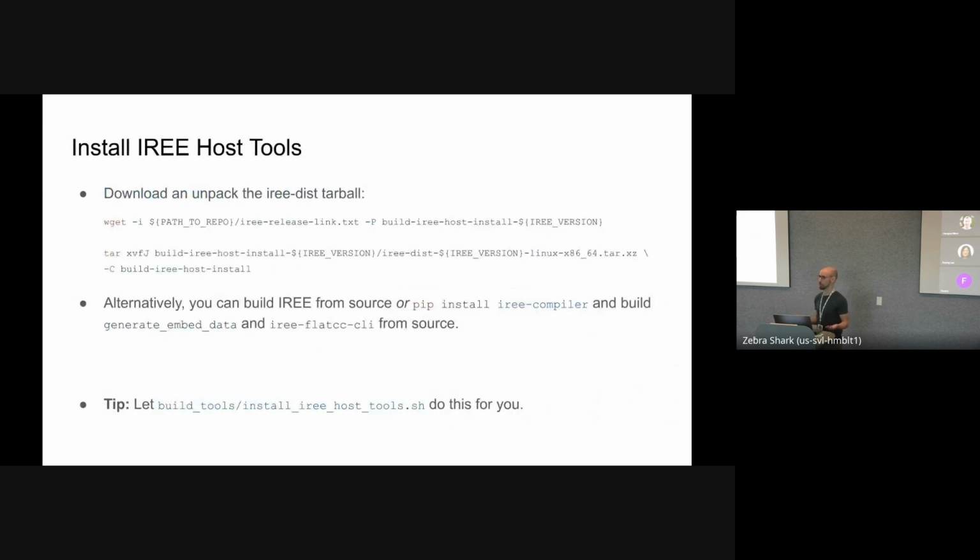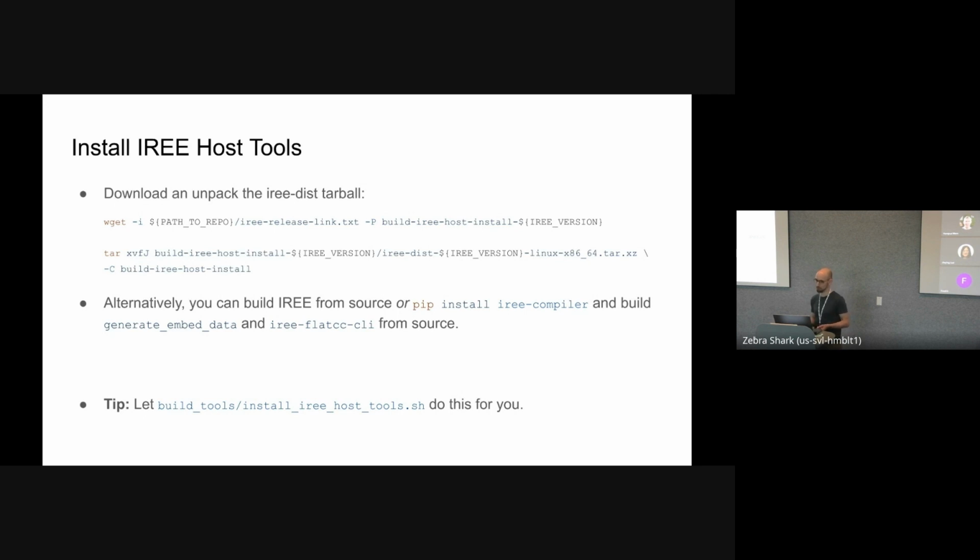So first of all, you of course need to get your compiler. And getting IREE is quite easy. You can just download the IREE dist tarball, unpack it, and you're good to go. There are also alternatives. You can, of course, build IREE from source, but then it also involves building parts of LLVM and MLIR, so you probably need a quite well-performing build machine to do so.